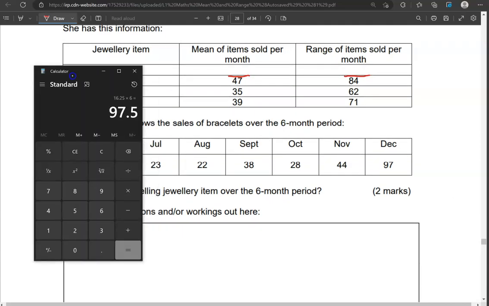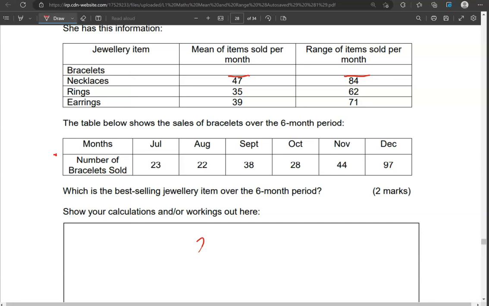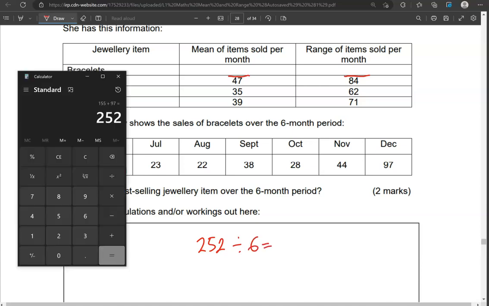So to work out the mean, 23, add 22, add 38, add 28, add 44, add 97 gives us 252, divided by 6. There are 6 months, which is 42.